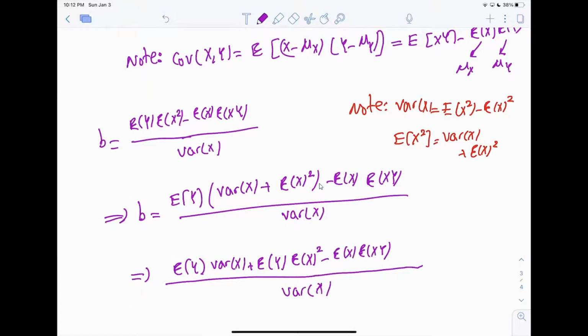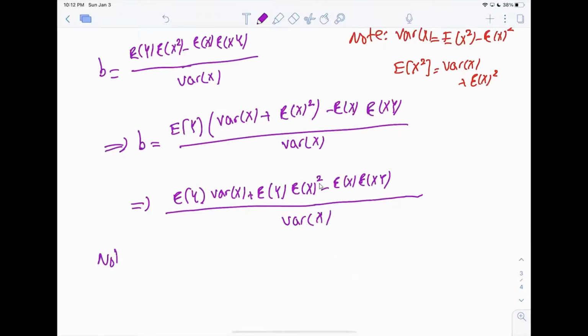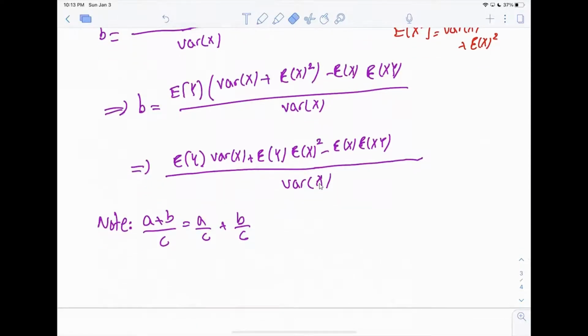Now let's look at this equation. It's very interesting. Something very basic to remind you all. Note, if you have a plus b over c, you can write this as a over c plus b over c, right? Let's do that here.